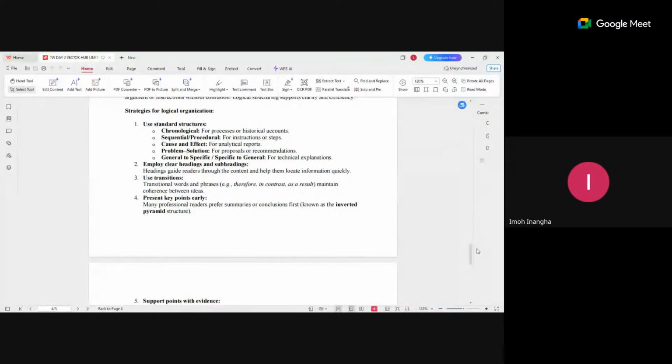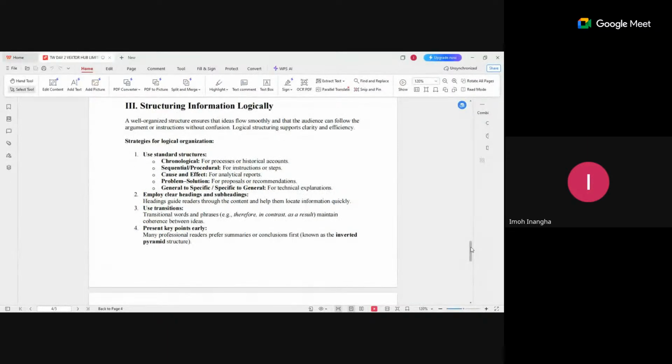Strategies for logical organization. Number one, use standard structures. Chronological, for processes or historical accounts.